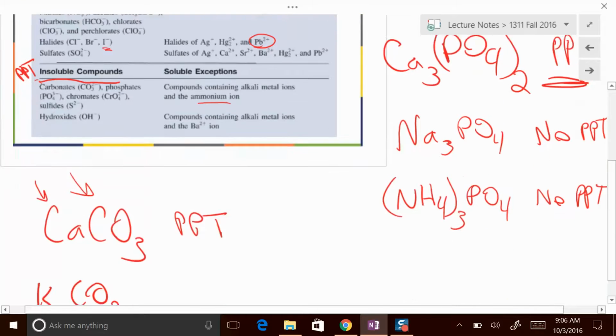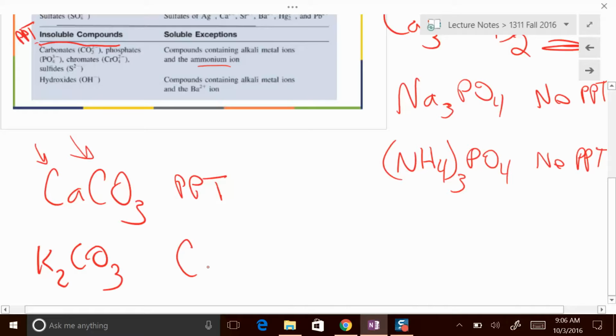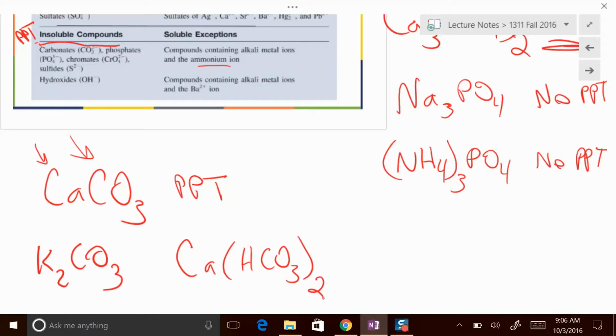Calcium bicarbonate. Sodium bicarbonate. You know what sodium bicarbonate is? Baking soda. Okay? But here we're trying to get the calcium, not a sodium. Because the sodium bicarbonate, if I reacted with potassium carbonate, wouldn't do anything, right? Everything would remain soluble. There would be no reaction because the sodium is an alkaline metal, so when it gets onto the carbonate, nothing happens.